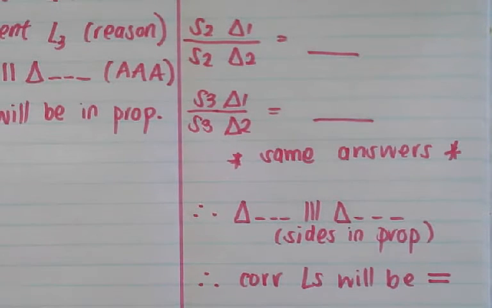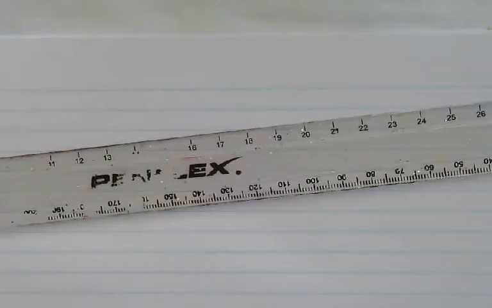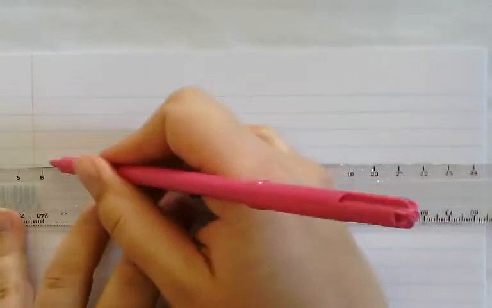Our two triangles. So I want you to prove, or we are going to prove, that the following two triangles are similar. I'm not going to give you the names because we need to practice that as well.